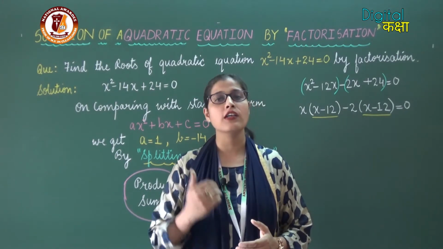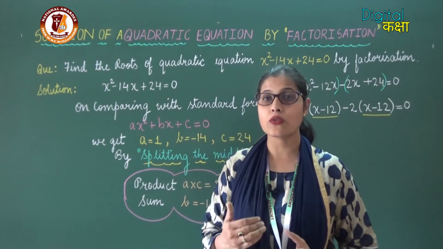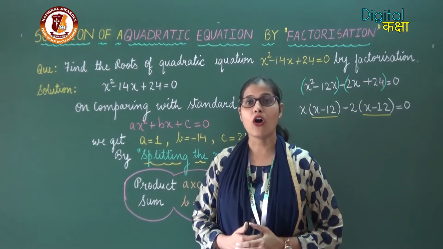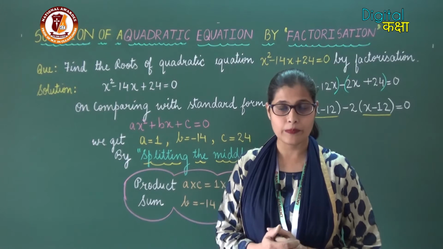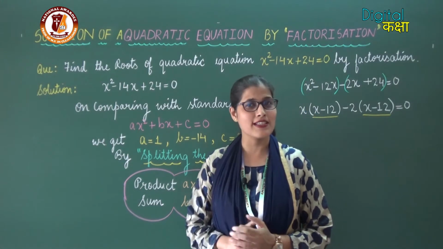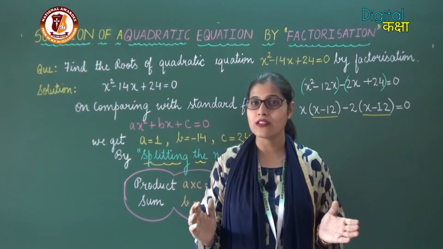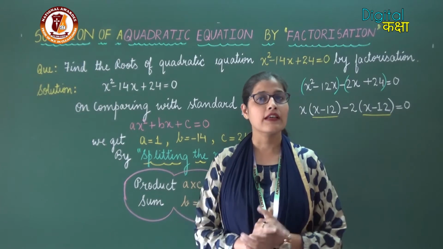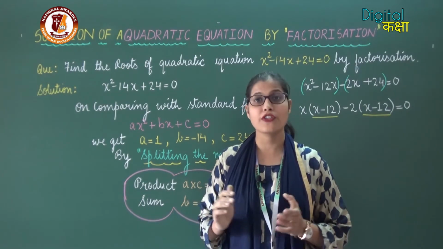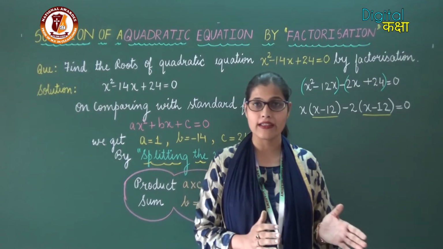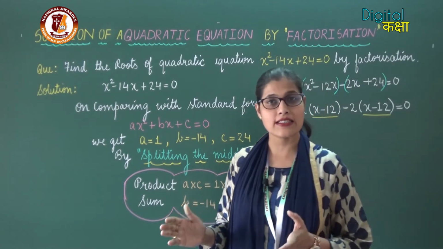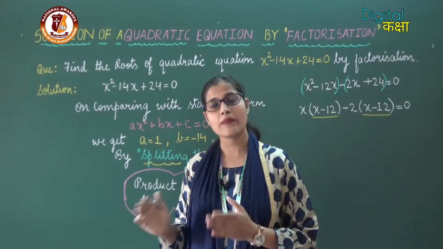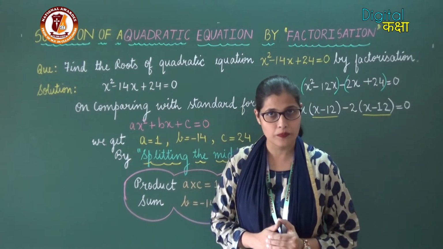Now we should learn how to find these zeros or the solution of the quadratic equation. So the first step is we need to convert the given equation into the standard form, which is ax square plus bx plus c equals to 0.